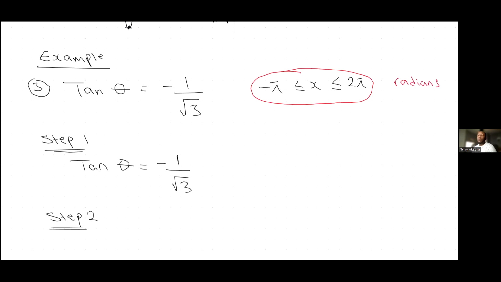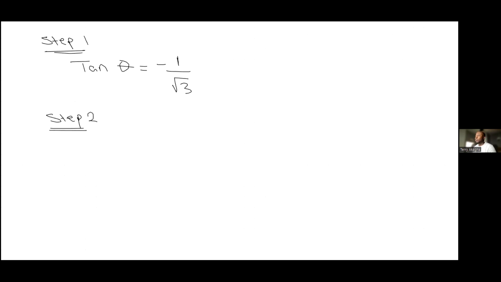So at this point, you go to your calculator and make sure you change the settings of the angle unit to radians. So that means the range we're given was in radians. So we'll have to change the settings to radians. After you've done that, we can find the inverse.